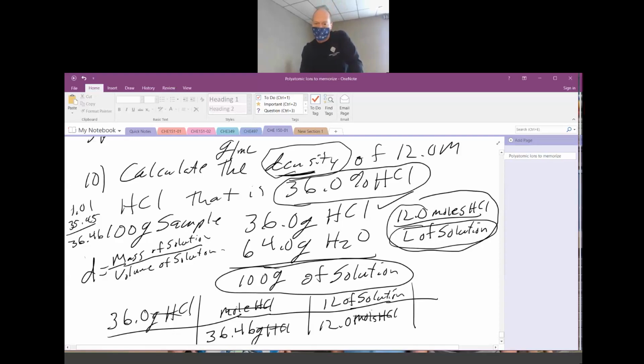So we want to convert liters into milliliters. We know that 1 liter is 1,000 milliliters. So the liters cancel, and you have your answer: 36 divided by 36.46, divided by 12, times 1,000, and you get 82.3 milliliters.